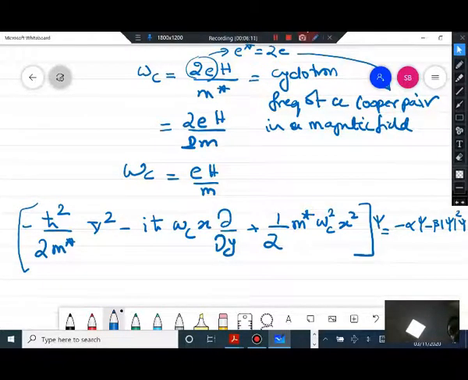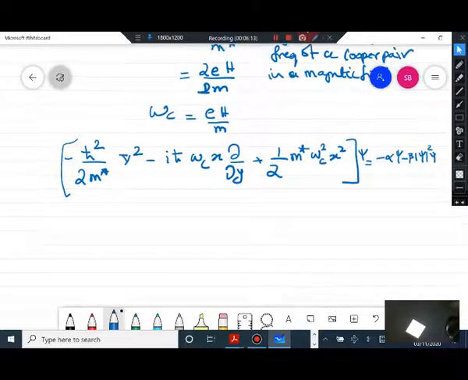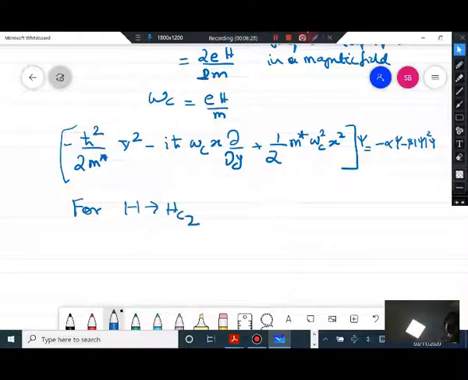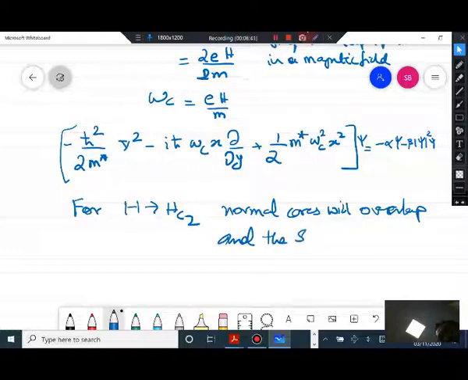Now this is where we do the first thing. For H going to Hc2, normal cores will overlap and the superconducting fraction will go to 0.